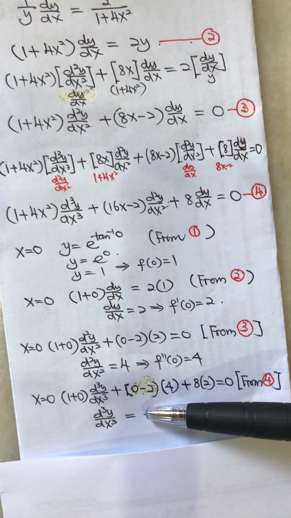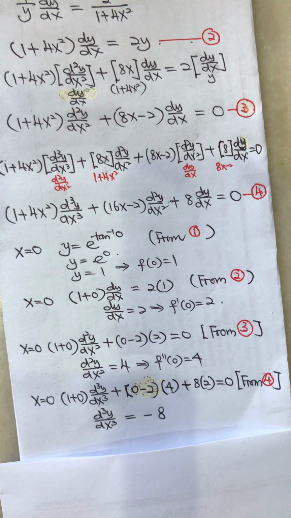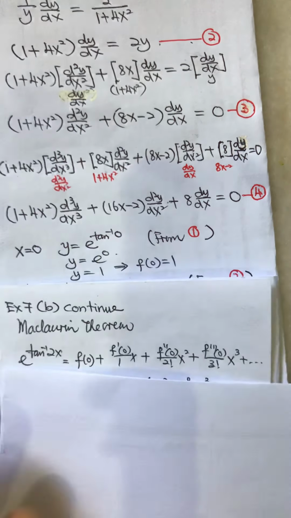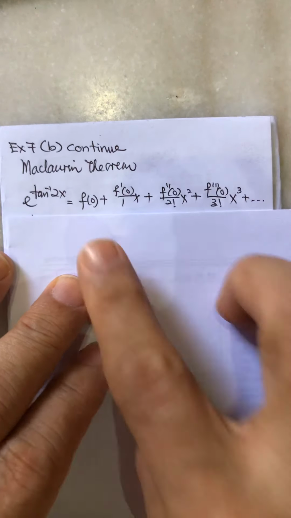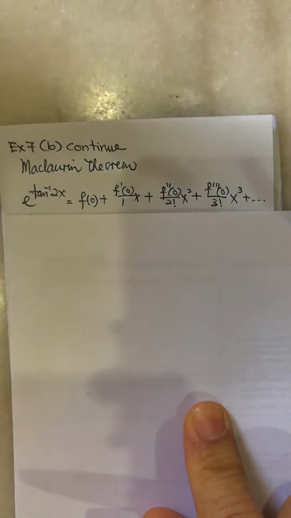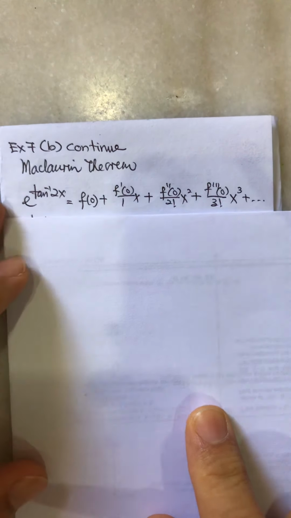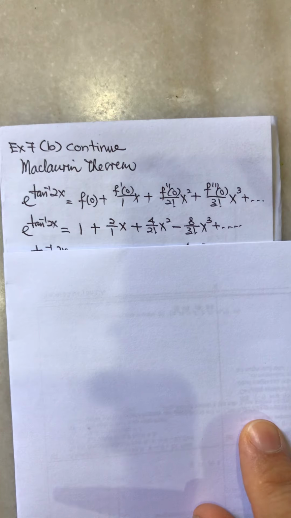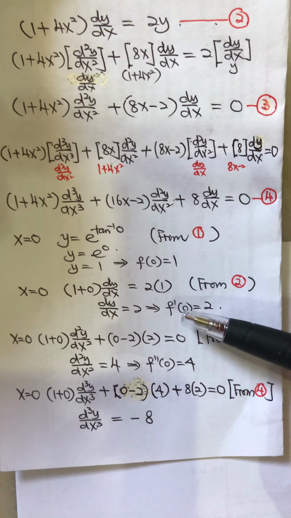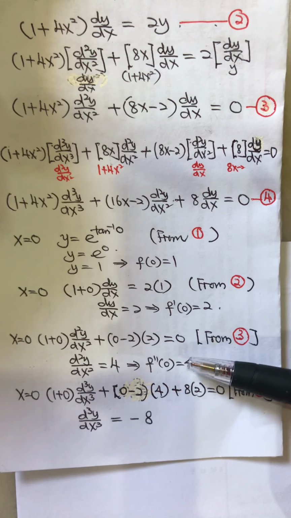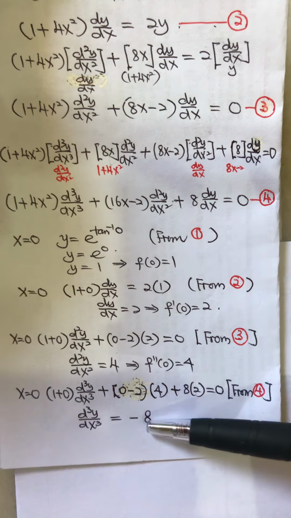And then after that you just use what we call our Maclaurin theorem. What is the Maclaurin theorem? This is the Maclaurin theorem. It says that this is the thing, so we just substitute whatever values we have got just now. We substitute f(0), f prime 0, which is 2, and then f double prime 0, which is negative 8.